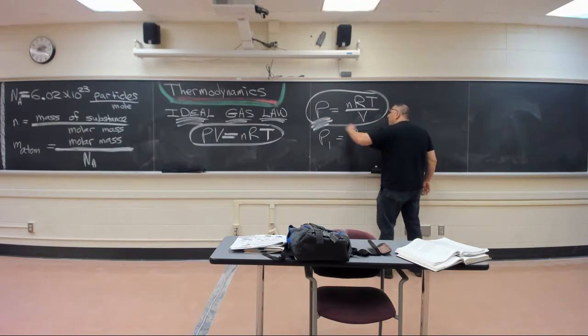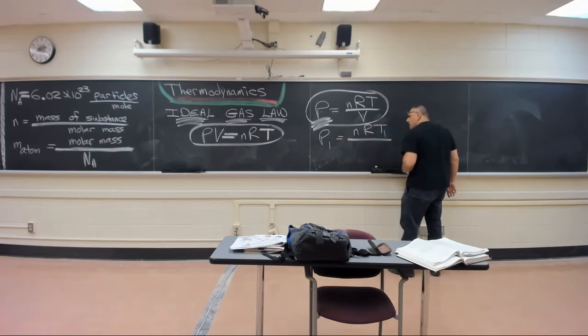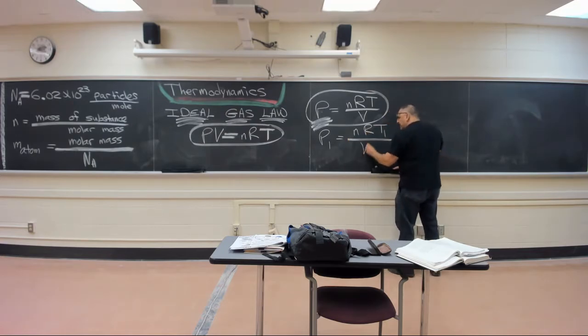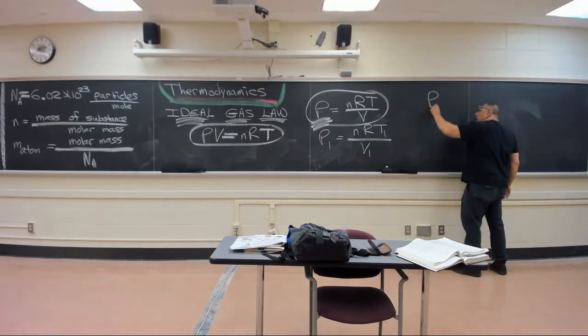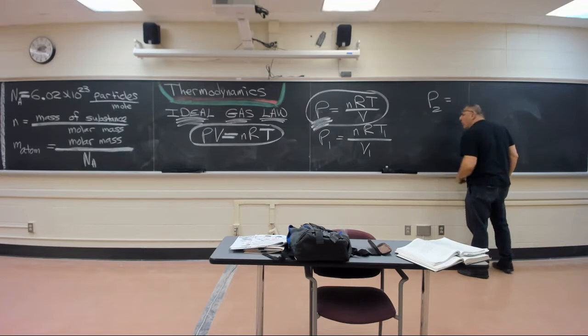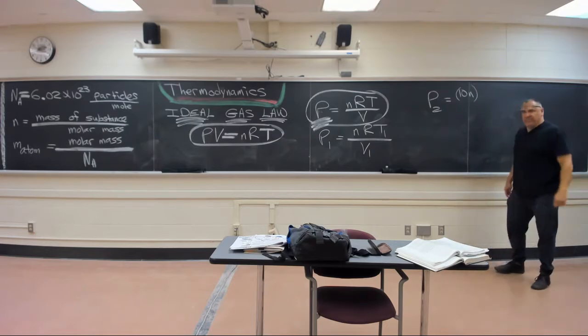It had N moles in it. R stays the same. There's a temperature T1. And here the volume is V1. All right. That's scenario 1. What would the pressure be if you increase the number of moles by 10 times?